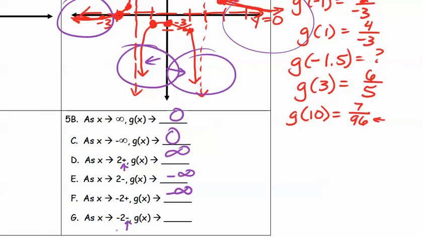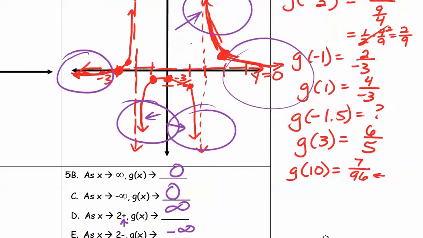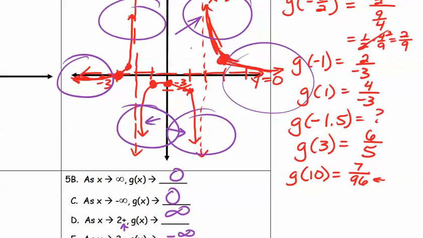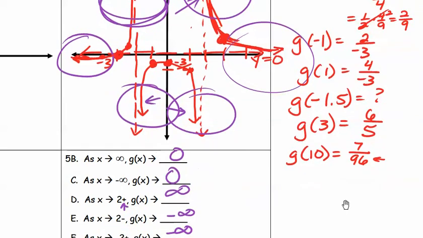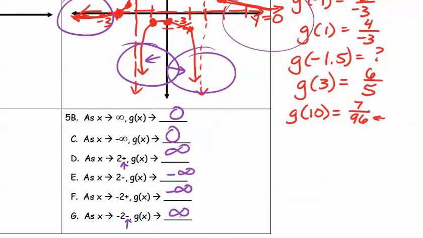This means from the left side. So find a place on your graph where the x-coordinates are getting closer and closer to -2, but they're smaller than -2. So that would be this section right here. And our y-coordinates are going to infinity. Remember that g of x is just another name for the y-coordinate.